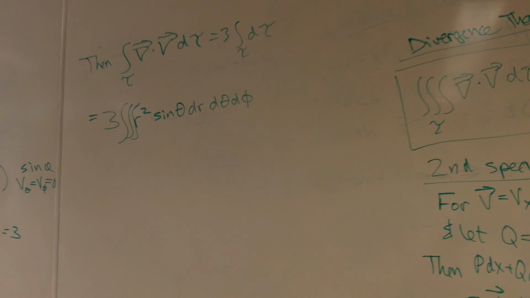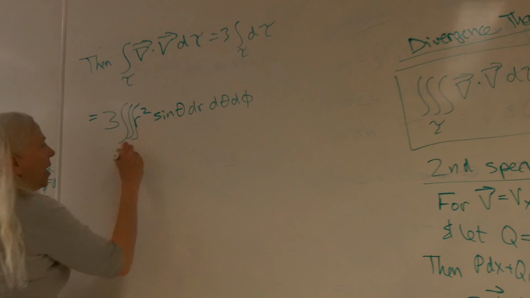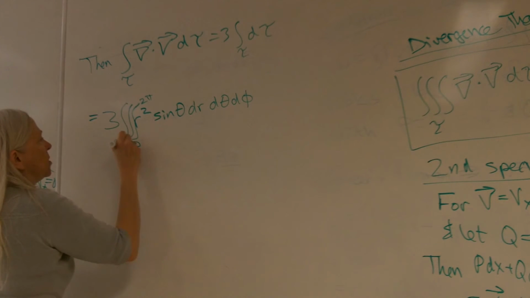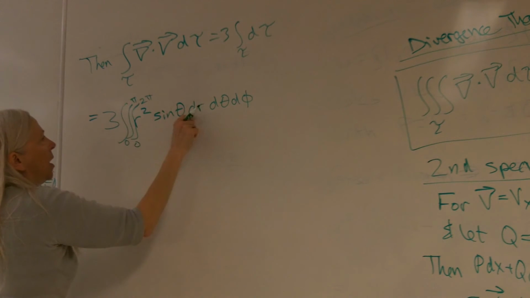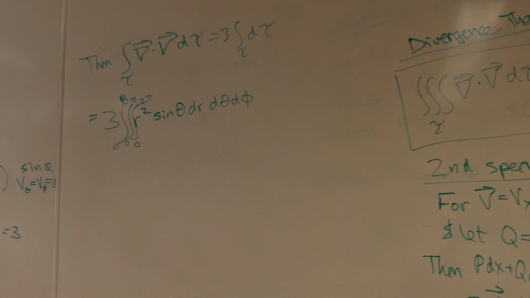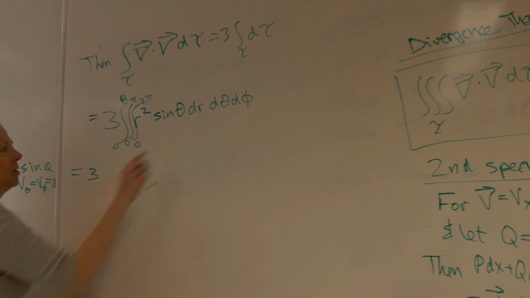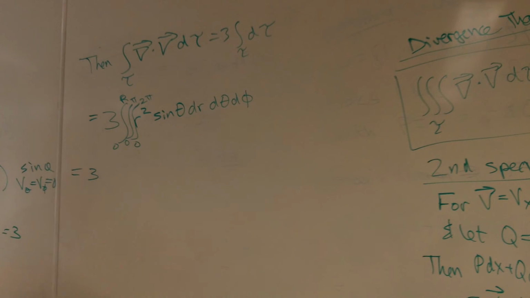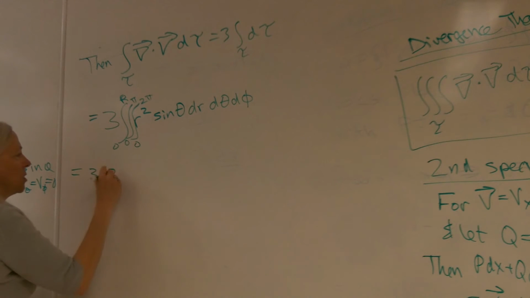And we should put limits of integration for each of those, telling us phi goes from 0 to 2 pi, theta goes from 0 to pi, and r goes from 0 to capital R, to cover the entire volume of our sphere. So we got a factor of 3 out in front. Since there's no phi in the integrand, the integral of d phi gives us phi, evaluated from 0 to 2 pi gives us 2 pi.